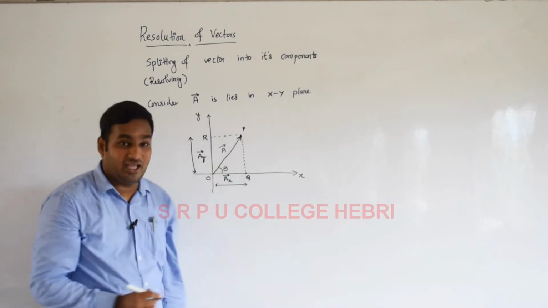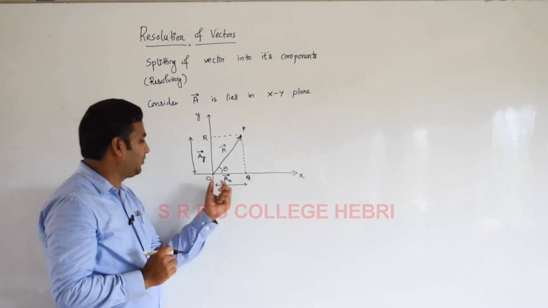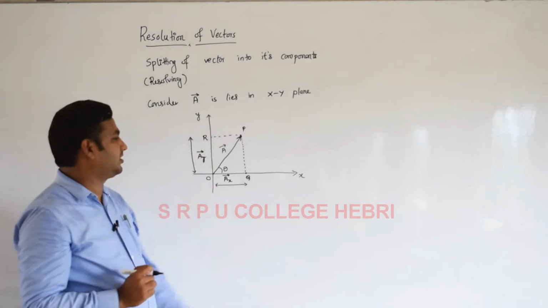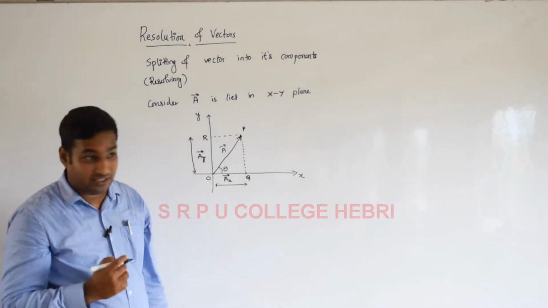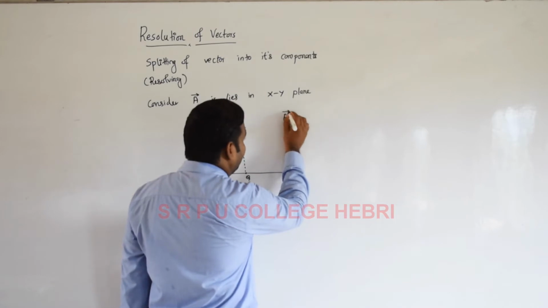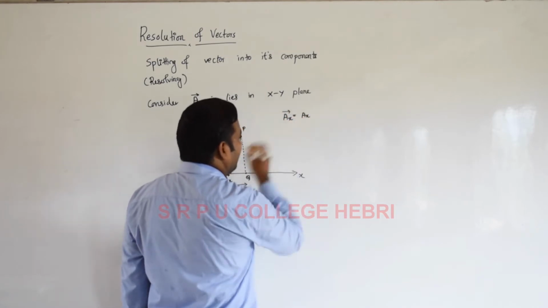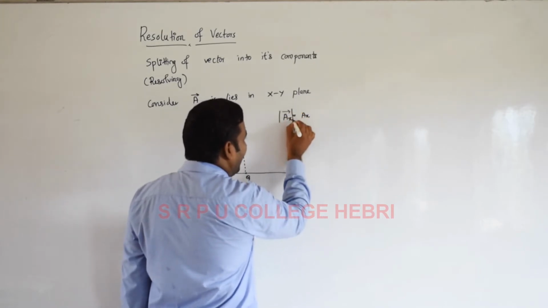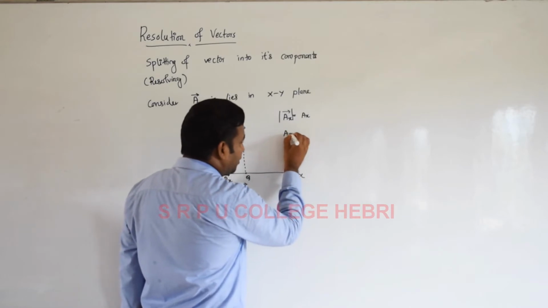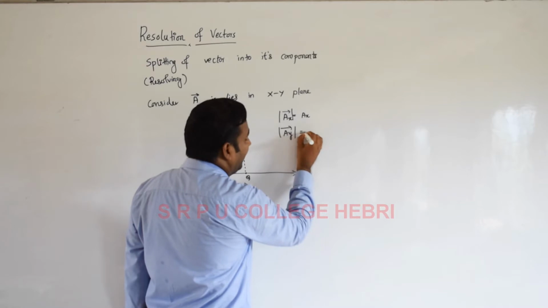Here, vector A is the resultant of how many components? Two components. Which ones? One x component, the other y component. The x component is vector AX, the y component is vector AY. And one more important thing, the magnitude of vector AX I will take as AX. Similarly, the magnitude of vector AY is taken as AY.